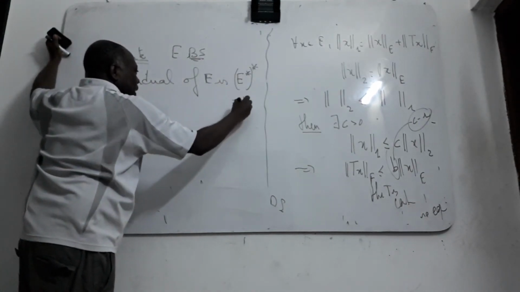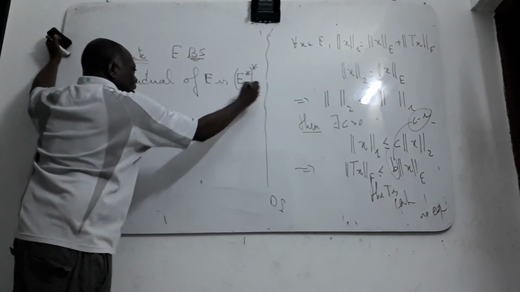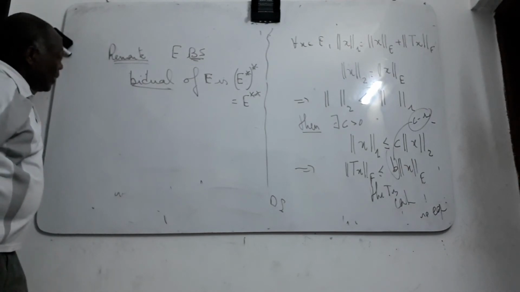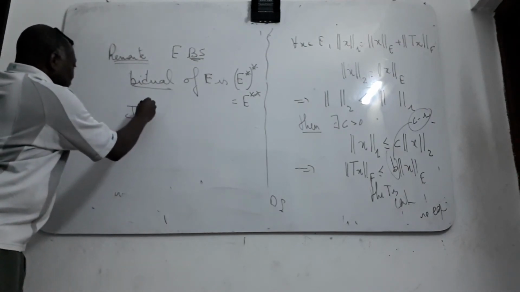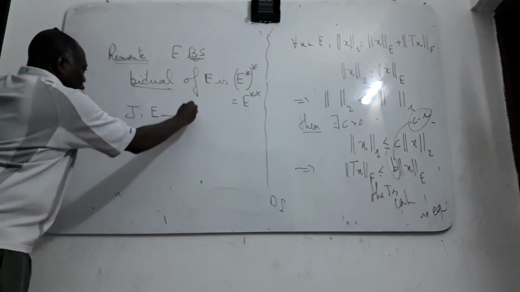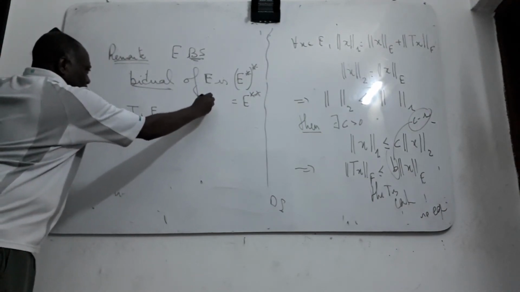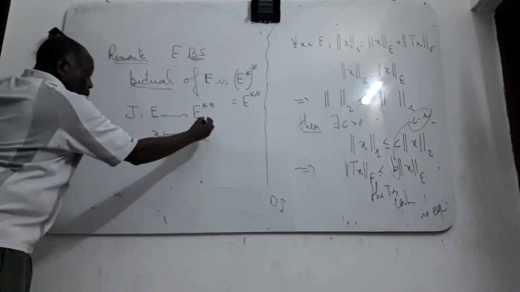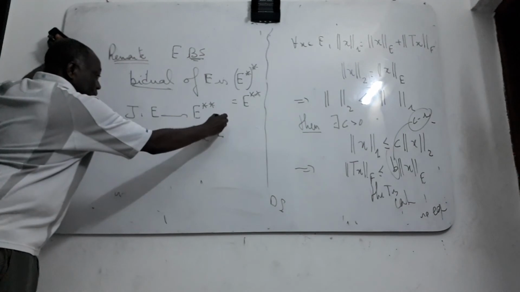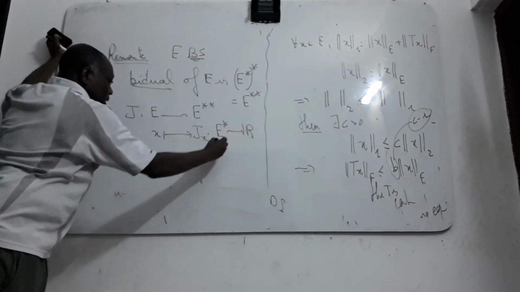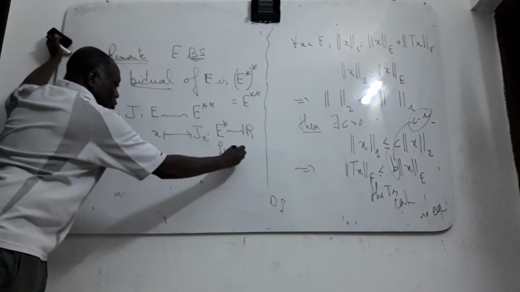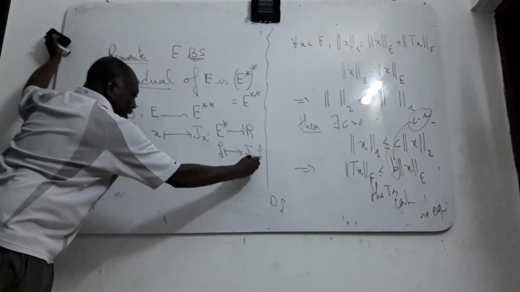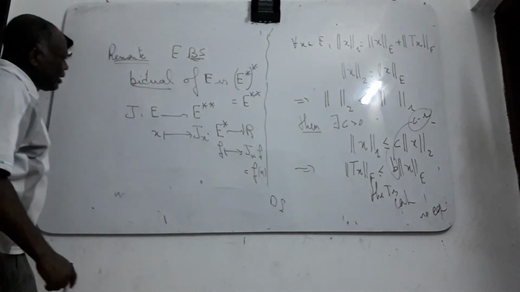We can represent it by the dual like this; call it the bidual of E. And we define a map from E into the bidual of E: for all x, this map Jx will be a map from the dual of E into R, so that Jx of f is exactly f of x.